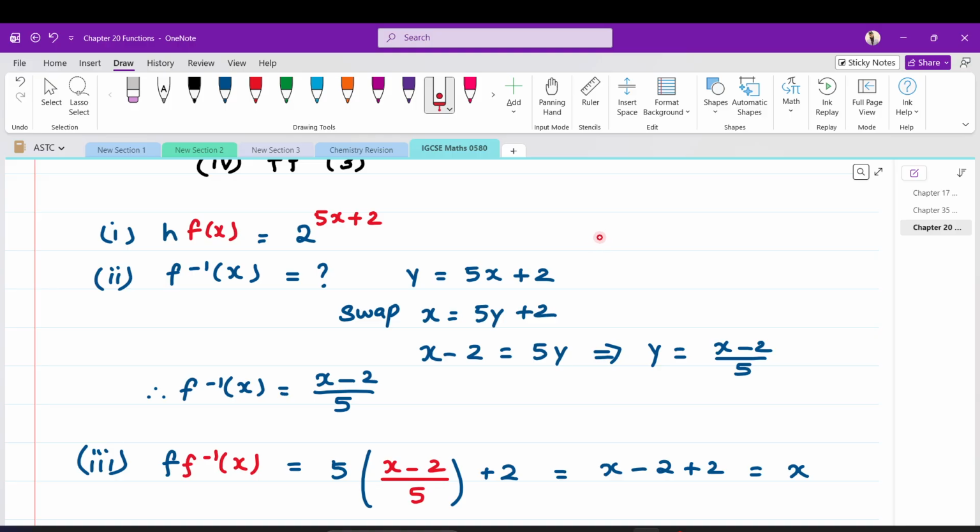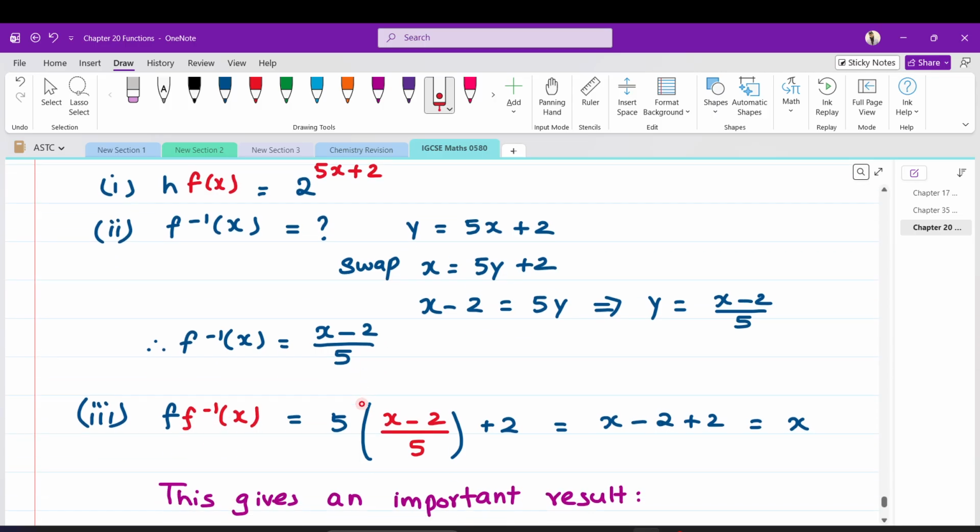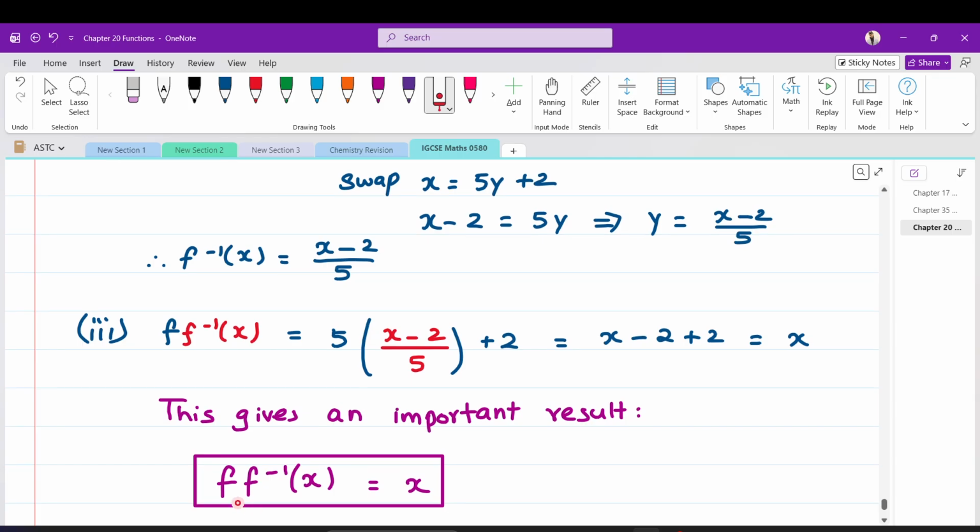It's like saying I have 4x, now I'm going to add 2 and then subtract 2, so obviously they're going to cancel each other out. This leads us to an important result: f of f inverse of x is equal to x. Whatever you have in this bracket is going to be your final answer. This is something you have to recall and remember.